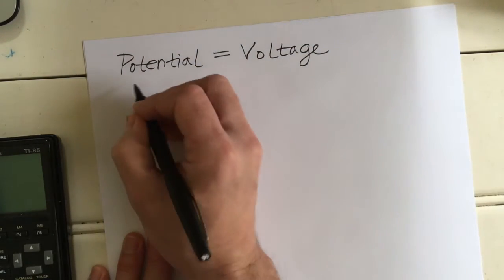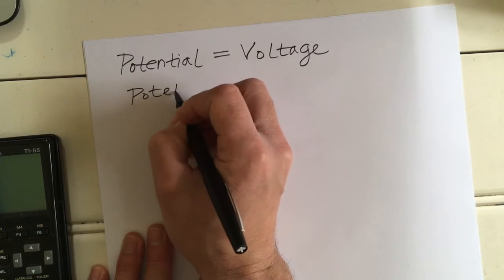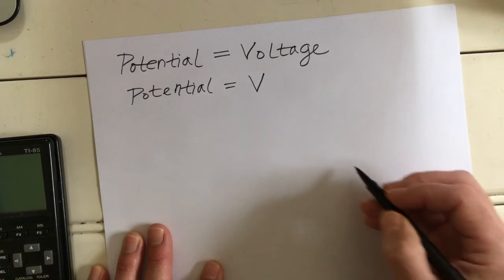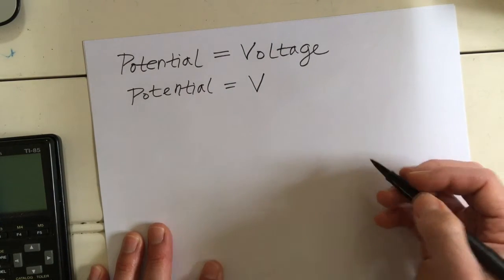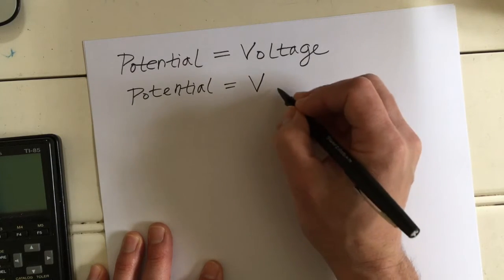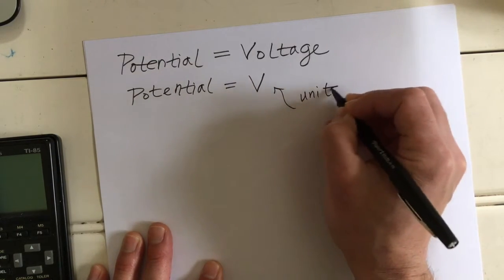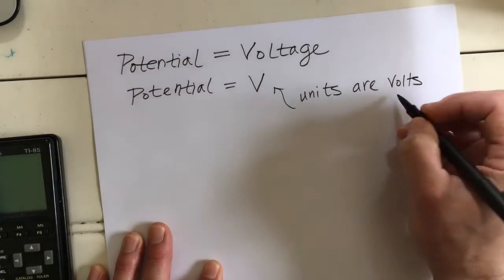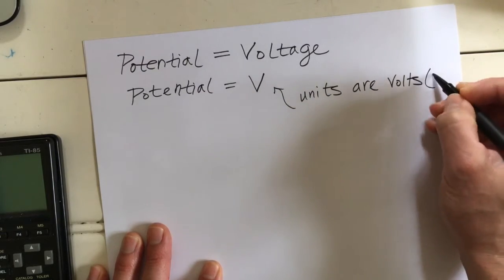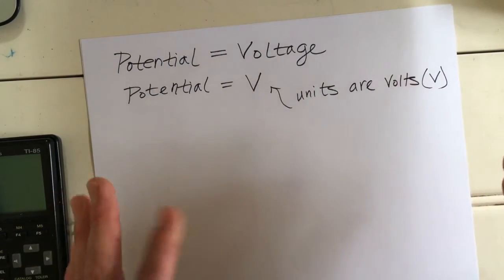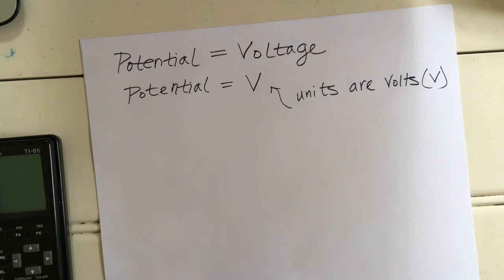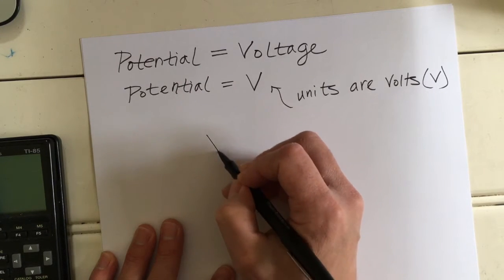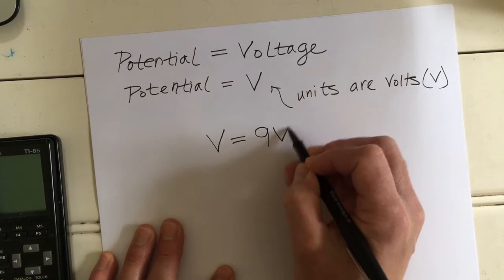And potential then is given the symbol V. And potential has units of volts, which also have the symbol V. So let's say you go to the store and buy a 9-volt battery, then you would say that the battery has a voltage of 9 volts.